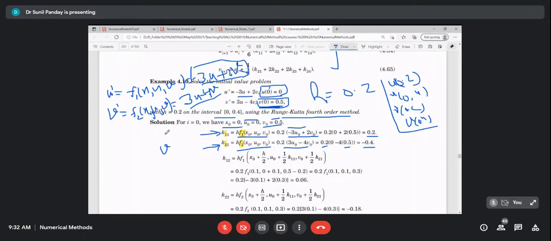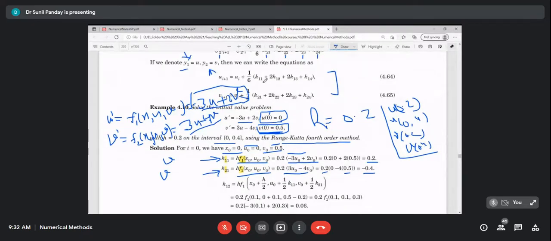Now again you have to calculate this for k21, because in this Runge-Kutta method we require k11, which we have already obtained, but these three values still need to be found.